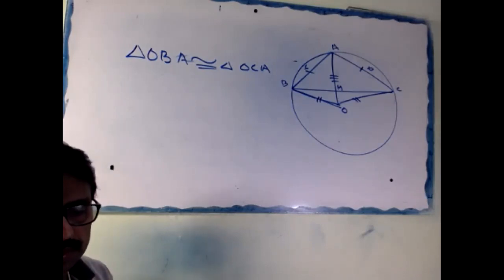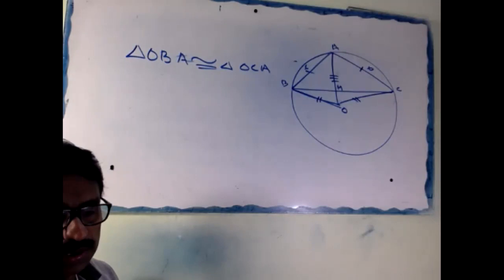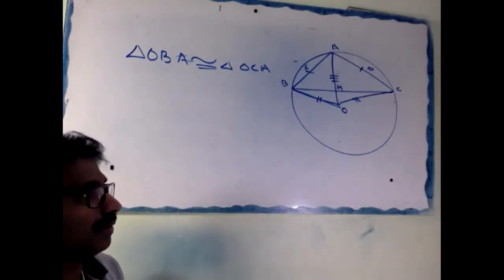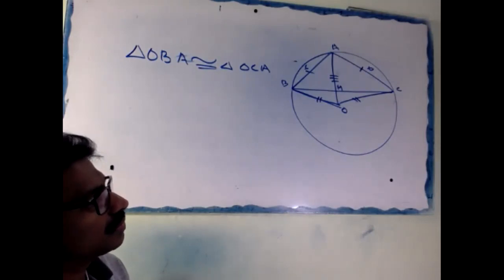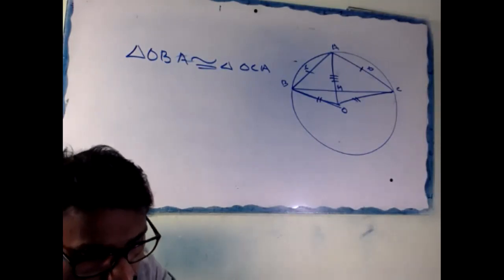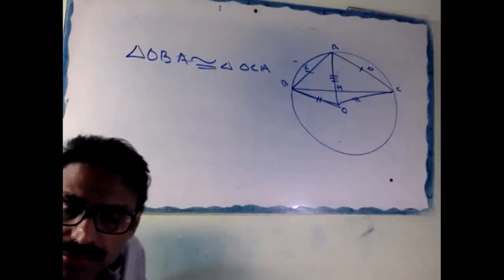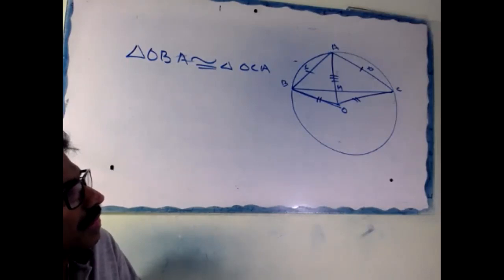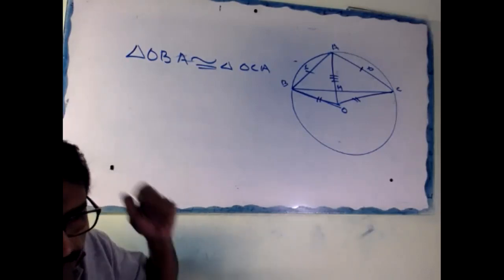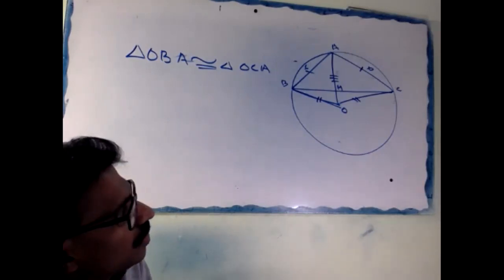After that, in triangle OBA and OCA, OB equal to OC, same radius. AB equal to AC, given.